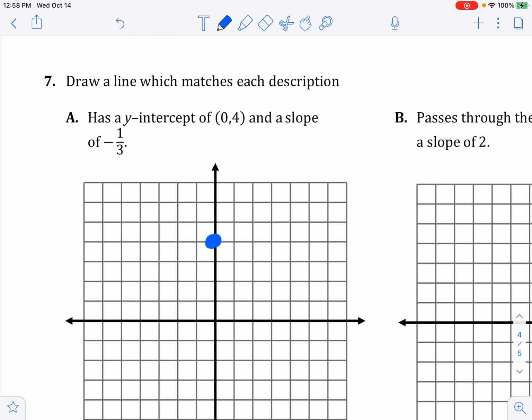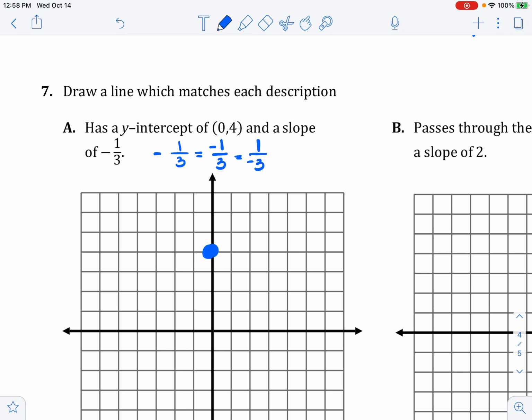So first what you have to realize is that negative 1/3 is the same thing as negative 1 over 3, which is the same thing as 1 over negative 3. All of these are negative 1/3. Okay, you have to realize that.